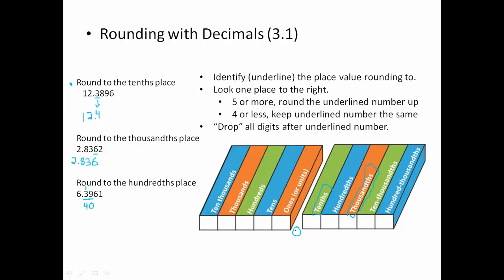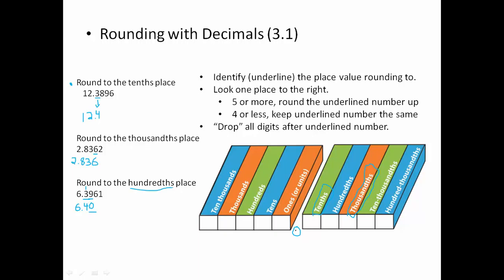So I have a 4, 0, and now I bring down everything to the left of that, and I don't write any digits after the hundredths place. 6.40 would be my final answer. This is a situation where you do have the 0 in your final answer at the end because it's in the hundredths place. Again, as a final check, always make sure that the last digit of your answer is the place value you were asked to round to, the hundredths place, and in this case it is.